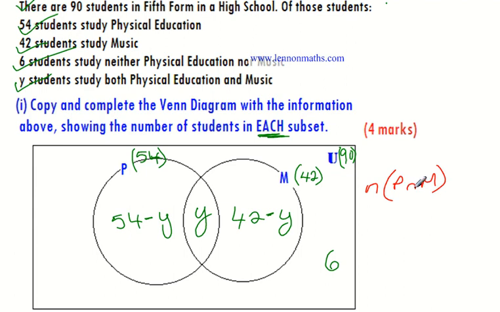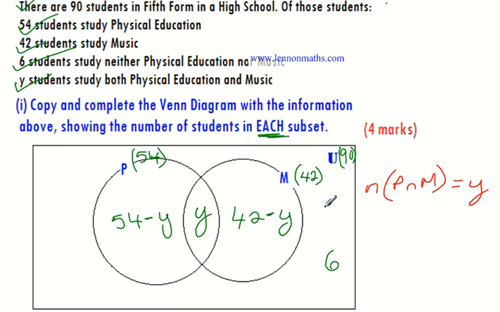Intersect here means in both. As you can see, the intersection is there, which is given as Y. You were not asked to do this, but it's just showing you how to write it in set notation. That's what this region is. The number of, put a bracket, of students in the intersection of P and M, which is given as Y.